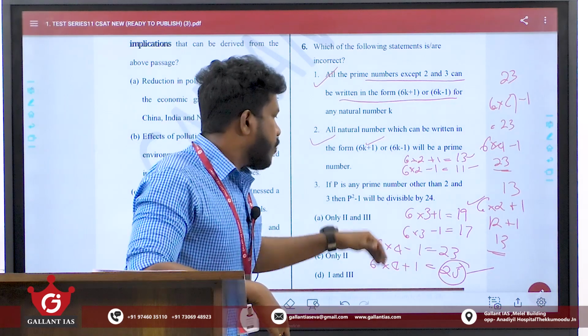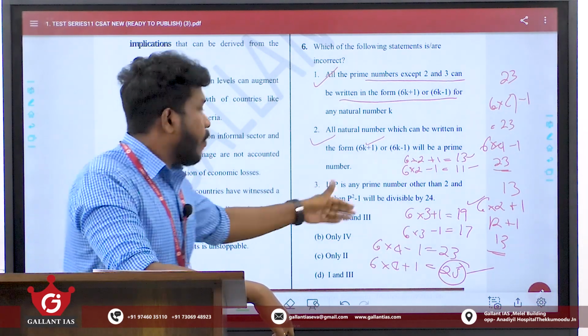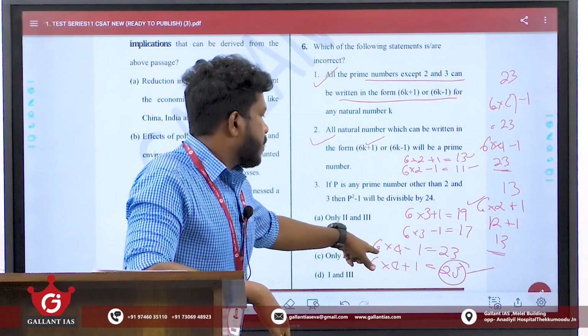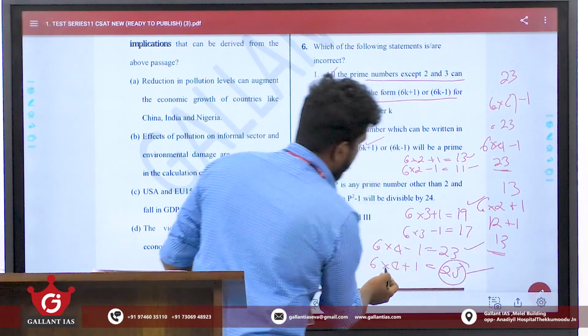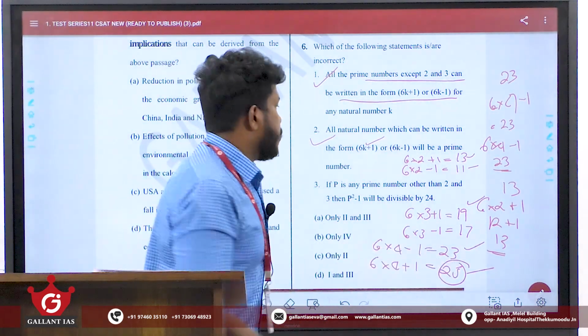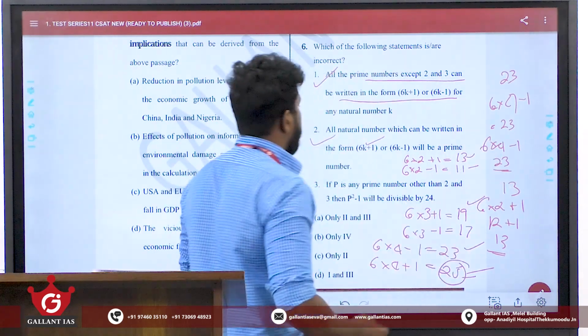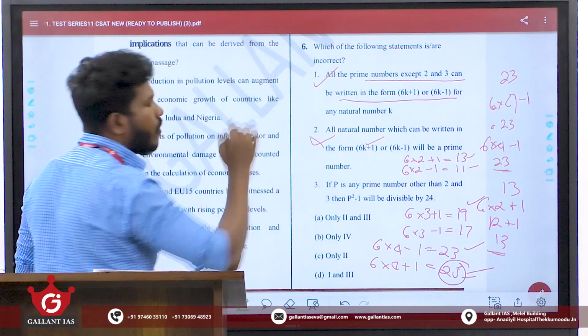But when you assume the value 4 for k, 6 fours are 24, 24 minus 1 is 23, a prime number, but 6 into 4 plus 1 gives 25, which is not a prime number.